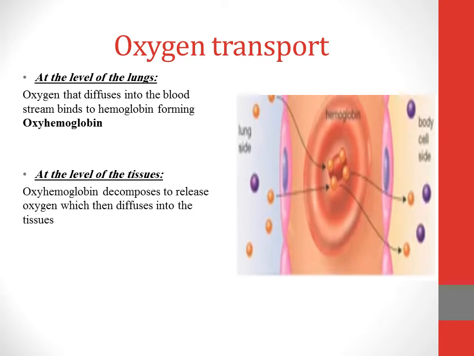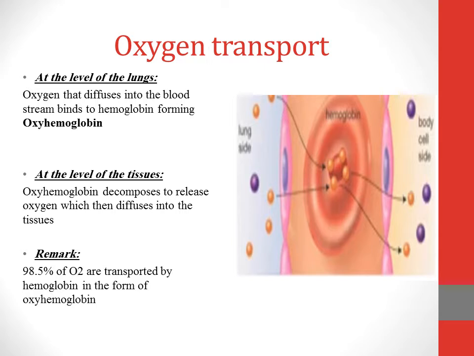So, at the level of the tissues, oxyhemoglobin decomposes to release oxygen, which then diffuses into the tissues. In this case, we should know that 98.5% of O2 is transported by hemoglobin in the form of oxyhemoglobin. However, 1.5% of O2 is dissolved in the plasma.